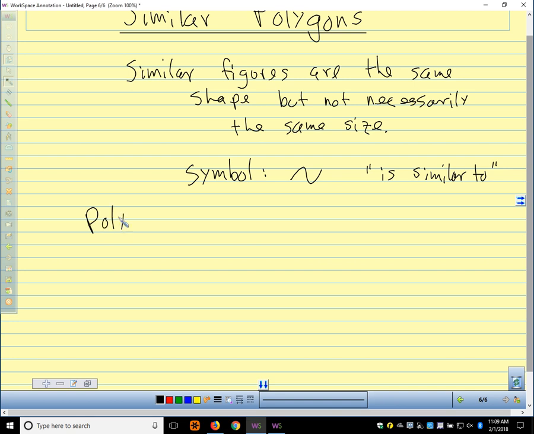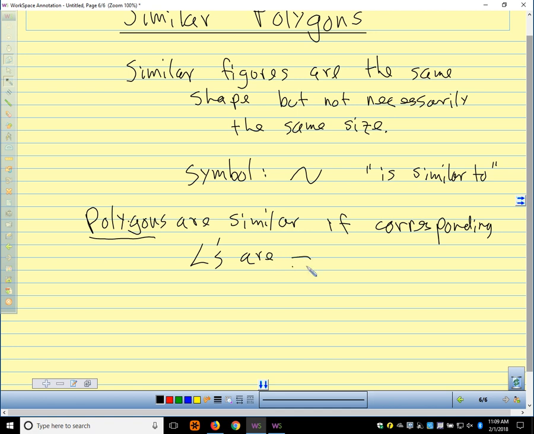Polygons are similar if corresponding angles are congruent. That's how we make sure they're the same shape. Corresponding angles have to be congruent. And corresponding means the big angle matches with the big angle, the medium angle matches with the medium angle, small angle matches with the small angle.